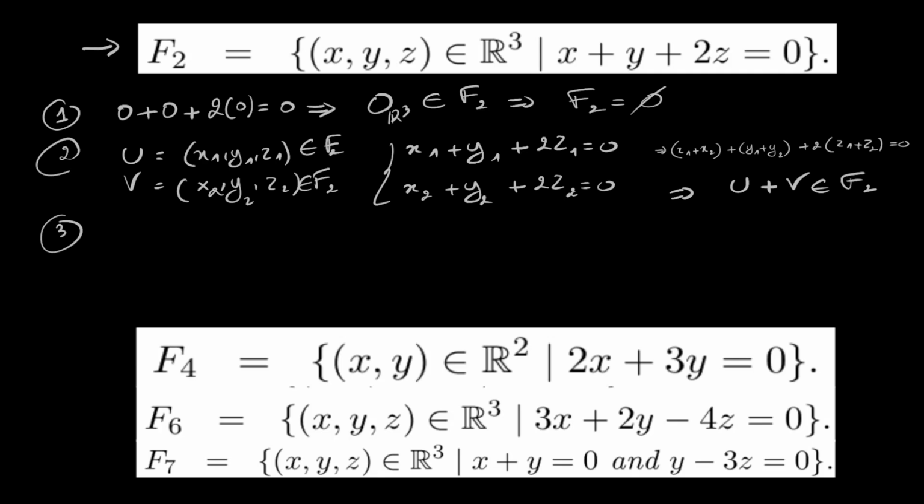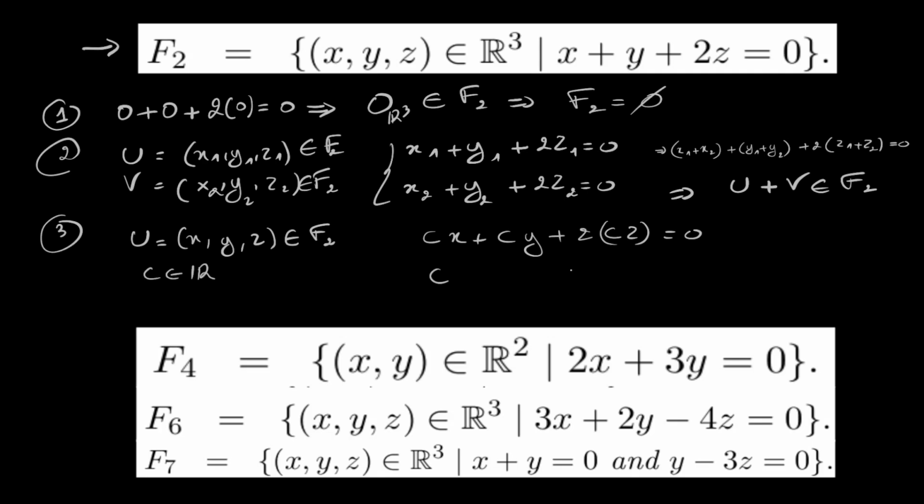The third condition is the closure under the scalar multiplication. If I have a vector u in our set F2 and I multiply the equation by a scalar c, I get this, which means that c times u is also in our set.